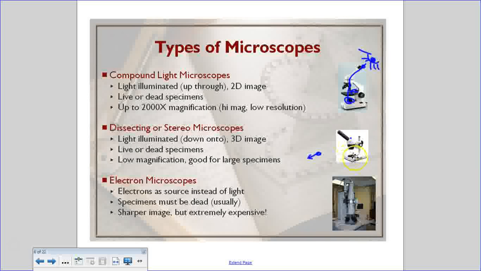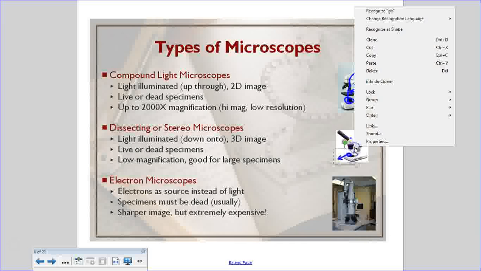Maybe it's an insect of some sort, a beetle or whatever. So you look down through here, and the light would be shining down onto the specimen. I'm not sure why that arrow is there. Anyway, I'm going to get rid of that one.